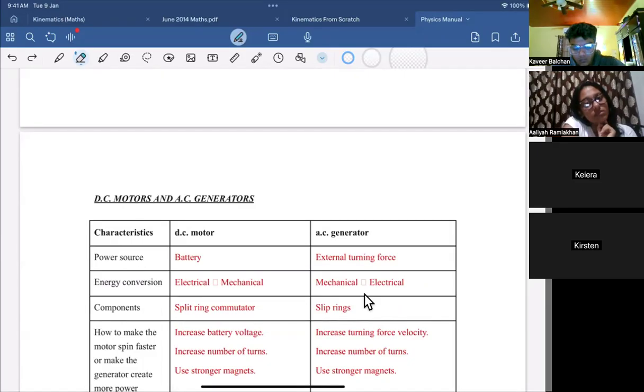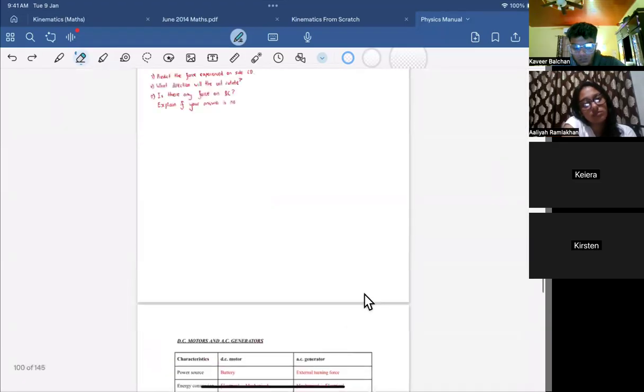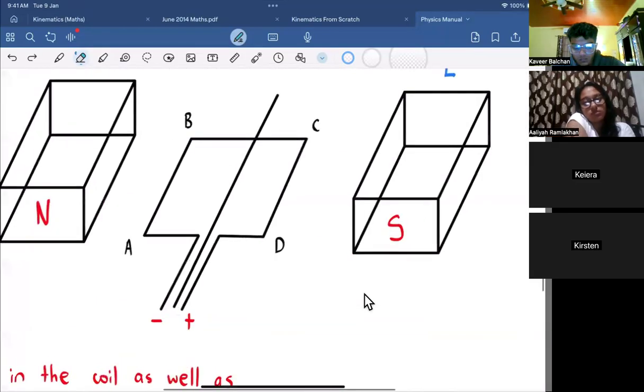So how it works is, if you take the coil and you manually spin it, it will induce a current. Aliyah and Justin, let me explain something. Anytime you have current running through a wire, you have a magnetic field around it.